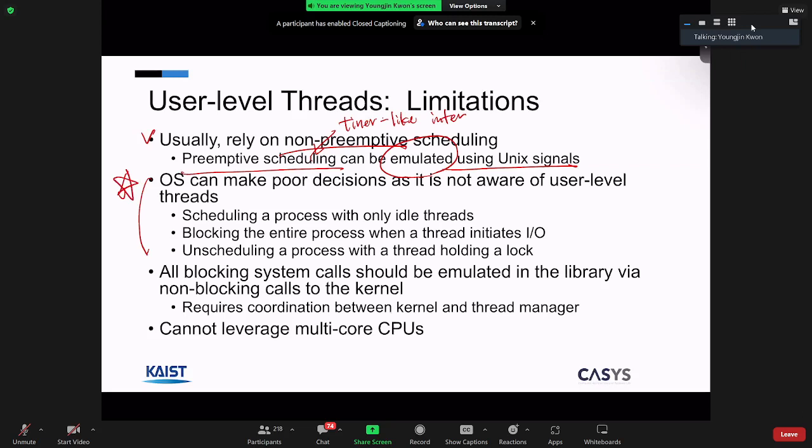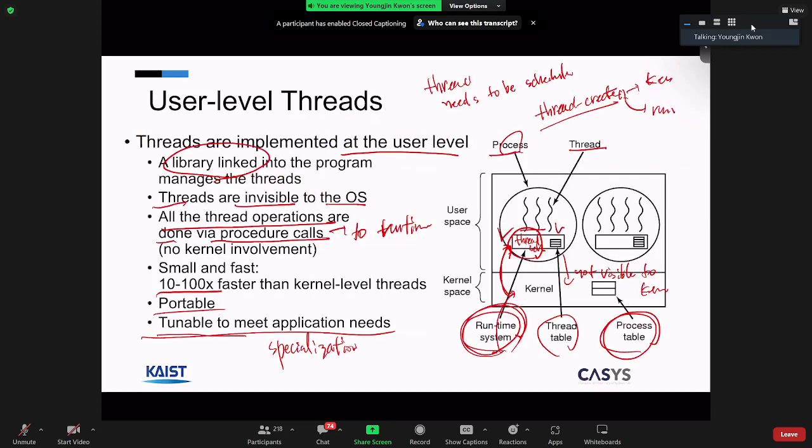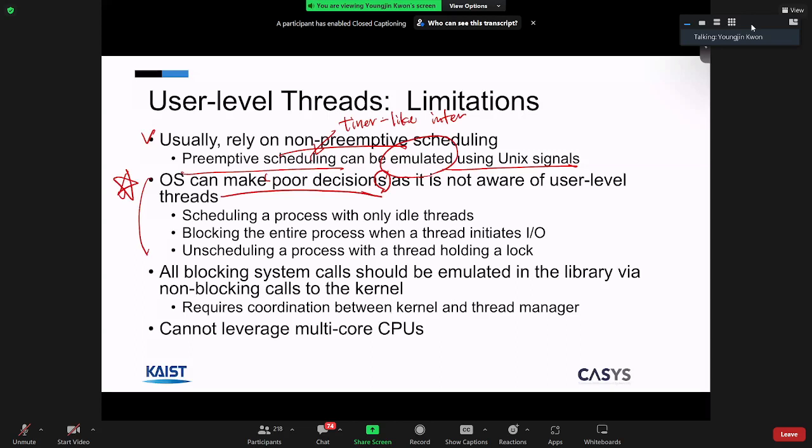The OS can make a poor decision as it is not aware of user level threads. This invisibility to the operating system makes the operating system scheduler make poor decisions. First, it can run a process that has only idle threads.